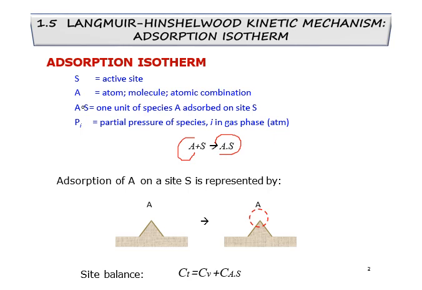So let's look at the terms here: S is active site, A is the atom or molecule or atomic combination. A dot S means one unit of species A adsorbed on site S. P is partial pressure of species.